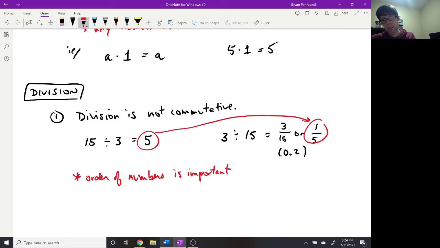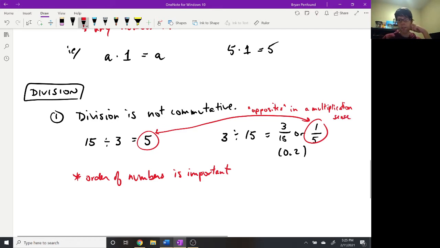Just as a little aside here, these are technically what we call inverses or opposites of each other with regards to multiplication. If I were to multiply these two numbers together, I would get to the identity element, which is 1.